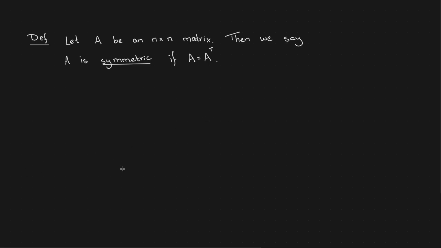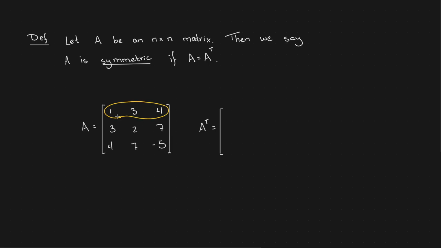Okay, so let's give you an example, see what that looks like. Consider A equals 1, 3, 4, 3, 2, 7, 4, 7, negative 5. This is a symmetric matrix because if I take the transpose, each row of our first matrix becomes the column of our second matrix.